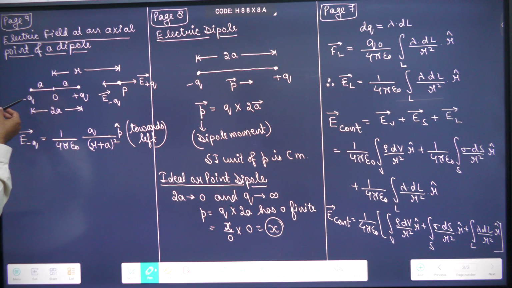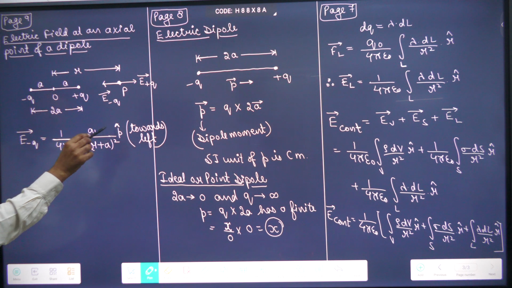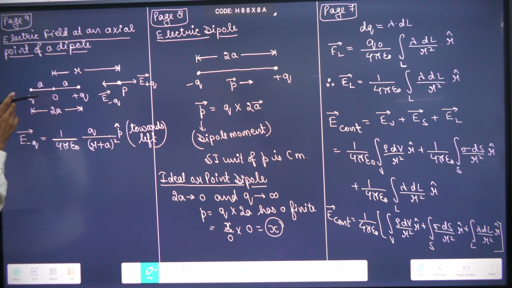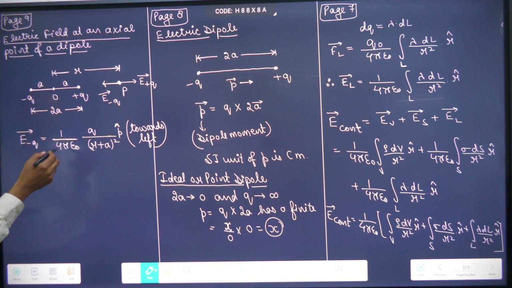The direction of dipole moment is from negative to positive, but I have written towards left. So further we can write minus also, because the direction of E minus Q is opposite to p cap, opposite to the dipole moment.